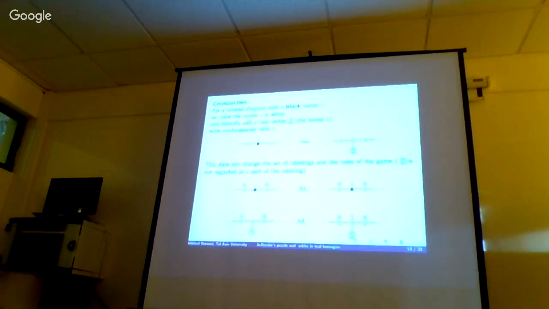And we cannot change it, we don't have a move corresponding to this additional vertex. Okay, so it's the same problem, but without black vertices, instead we have a formal vertex, boxed one. That's it.